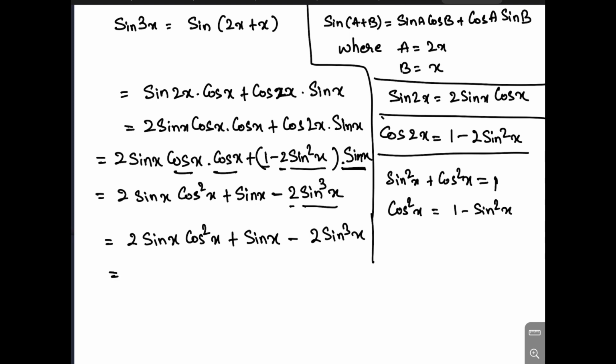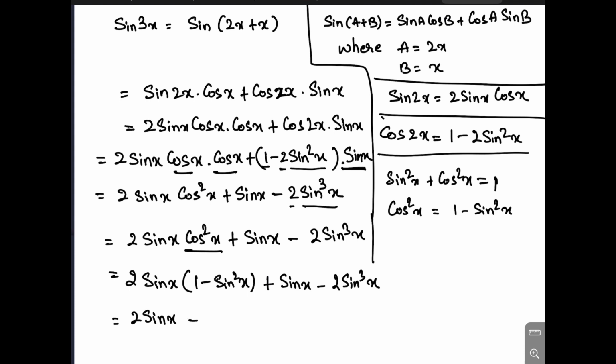Now let's substitute the value of cos square x also here. 2 sin x into 1 minus sin square x plus sin x minus 2 sin cube x. 2 into sin x into 1 is 2 sin x, minus 2 sin cube x. 2 sin x into minus sin square x gives minus 2 sin cube x, plus sin x minus 2 sin cube x.